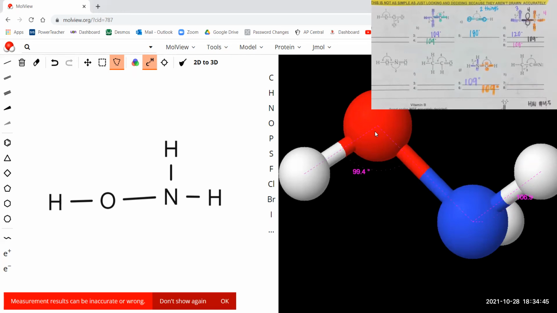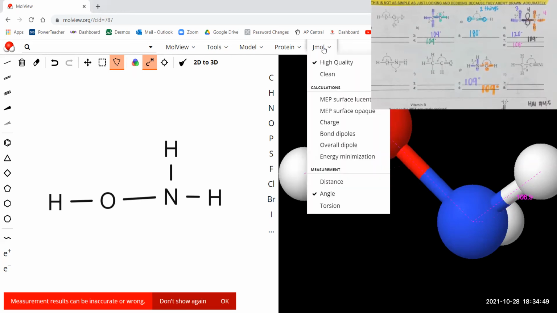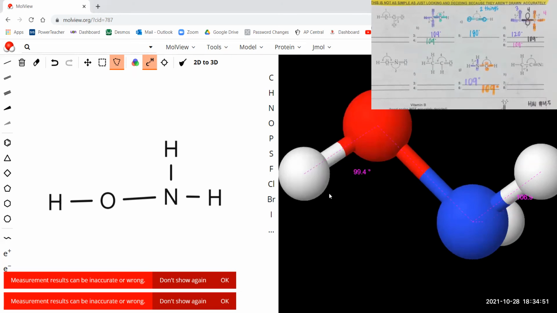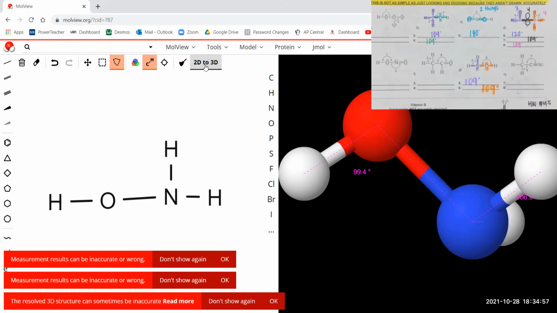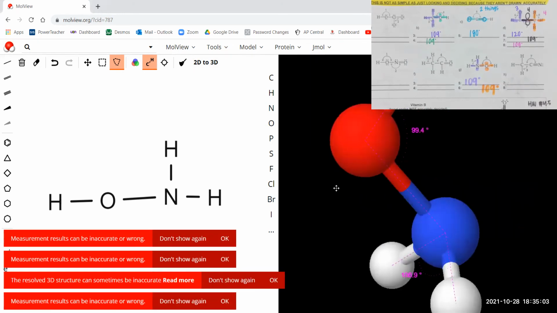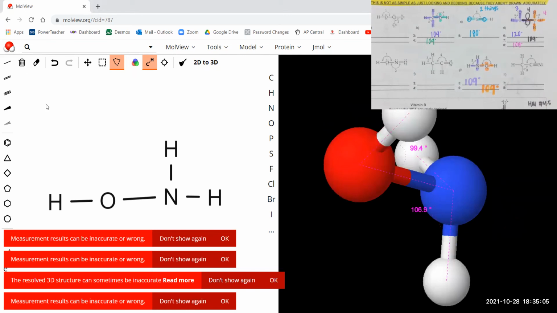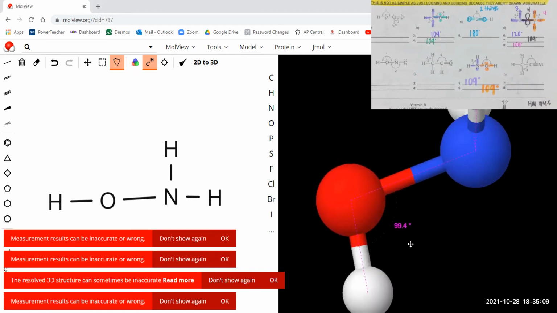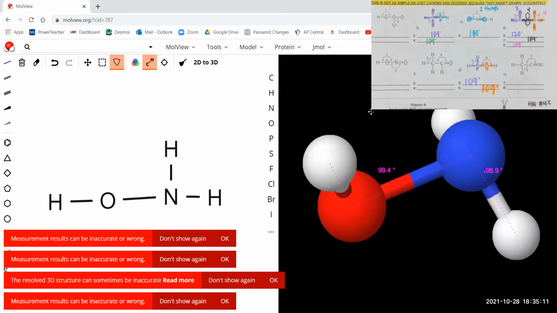And this one, I think I measured it wrong. Let me redo this. It should be about 109. Let me re-render it. 2D to 3D. Reshow my molecule. Oh yeah, for sure I took the wrong angle, but that's okay.